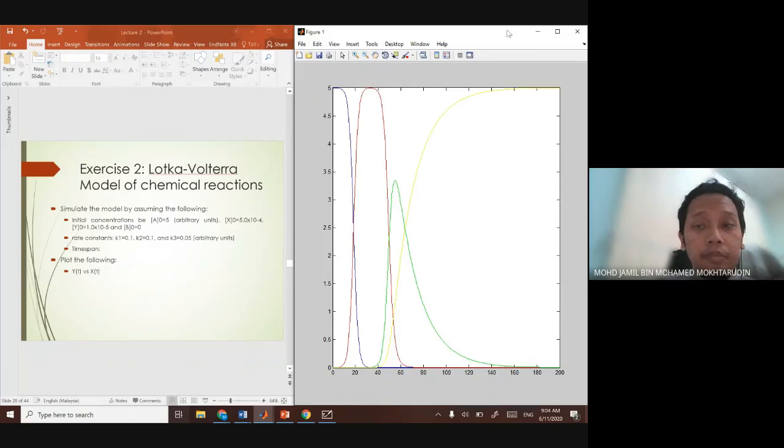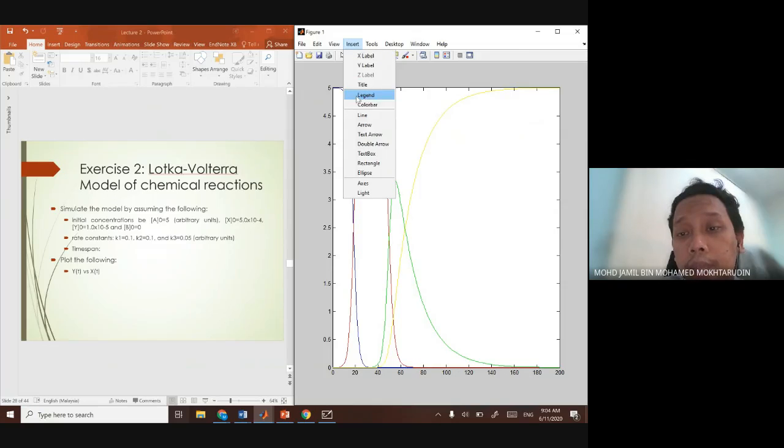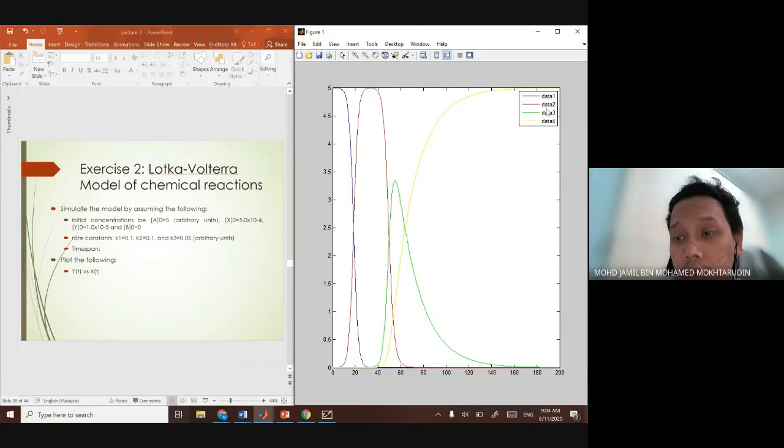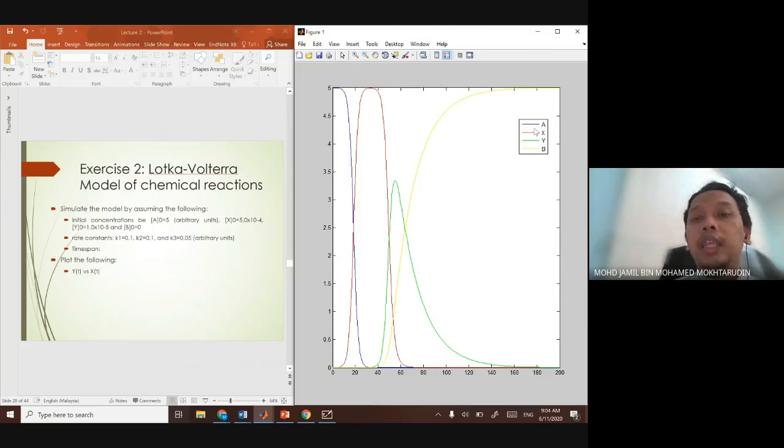So dalam exam nanti kalau nak hantar jawapan tu, letaklah label, okay, legend dia. Boleh adjust kat sini. Why this is X. Y. B. Okay, so untuk plotting macam mana nak adjust coding untuk plotting, korang kena explore sendirilah, okay?